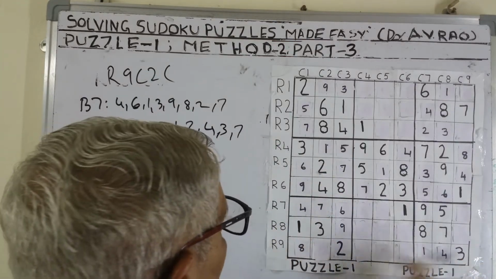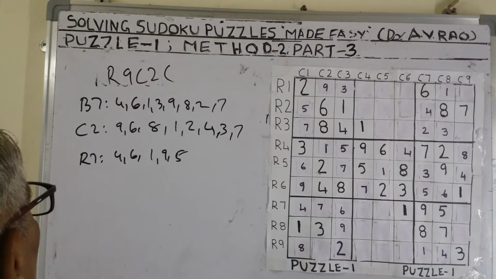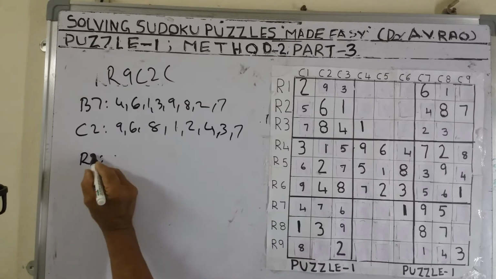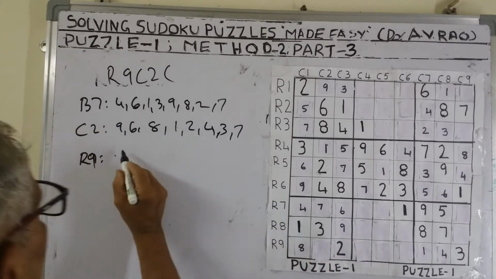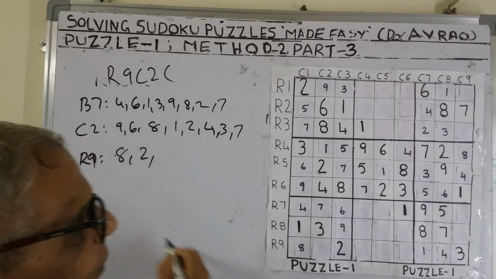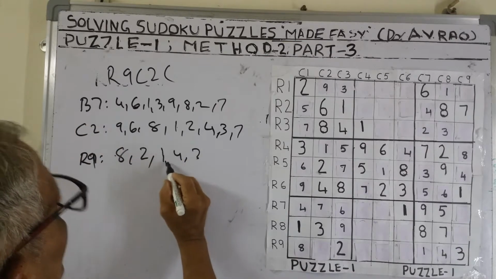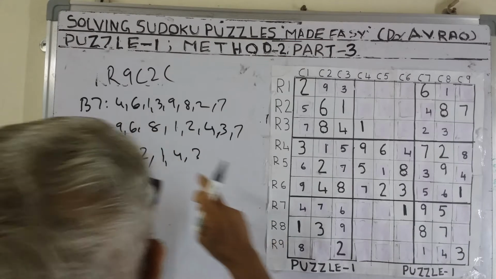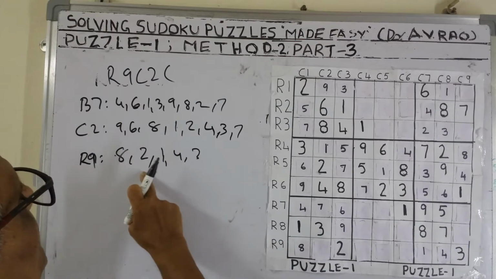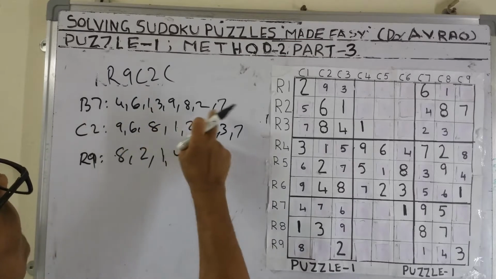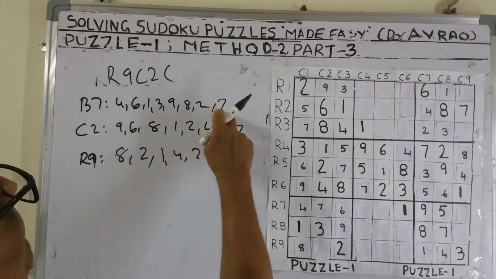Take row R9: 8, 2, 1, 4 and 3. So 1 is there, 2 is there, 3 is there, 4 is there, 5 is not there, 6 is there, 7 is there, 8 is there.